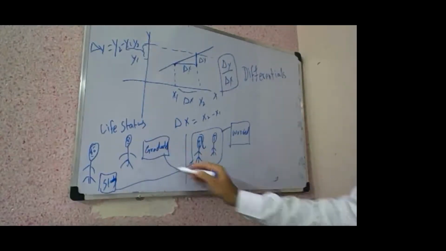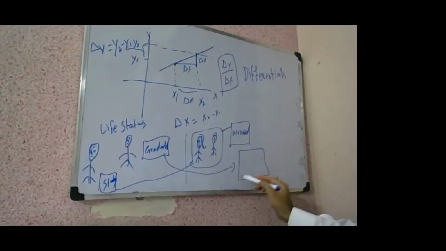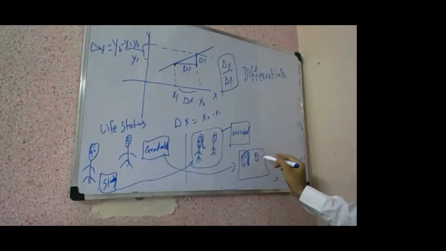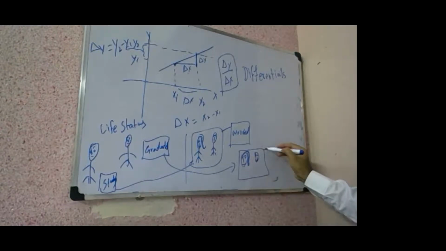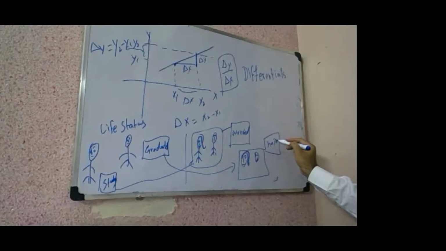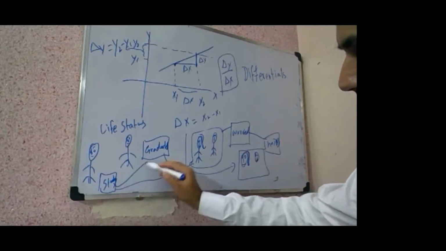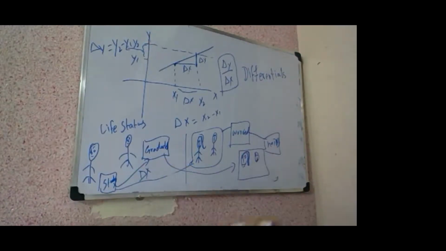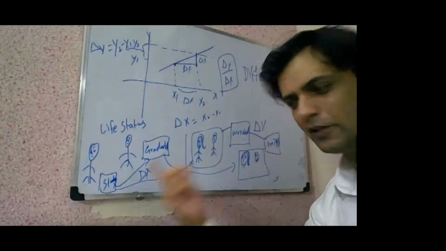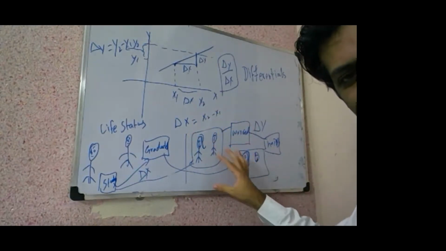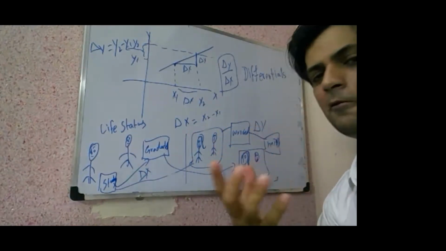But now when you are in this stage, there is a change in their status, because now they know that you're going to earn money, you're going to get a job, so they are a bit happy. This change from worried to happy, and this change from study to graduation, so let's say this is delta x and this is delta y. How much change happened in your status impacts the change in your parents' status. This is known as differential.